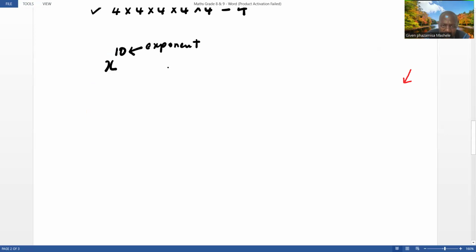So this will be x times x times x times x times x, x, x, x and x. 1, 2, 3, 4, 5, 6, 7, 8, 9, and 10. We have to expand these 10 times.